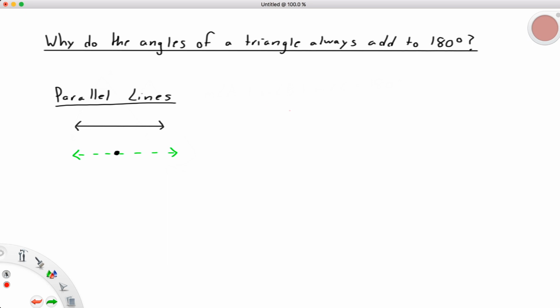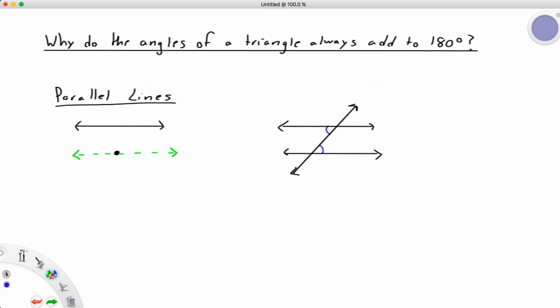The second thing that we want to know about parallel lines is that if we were to take two parallel lines and draw what is called a transversal, a line that runs through both of them, then the angles that are on opposite sides of the line and inside of these two parallel lines, in between these two parallel lines, are going to be equivalent.